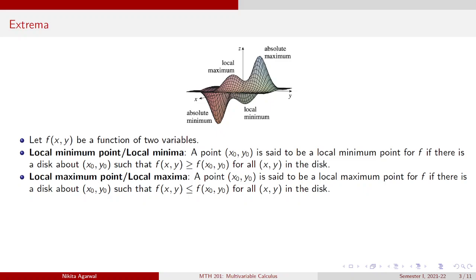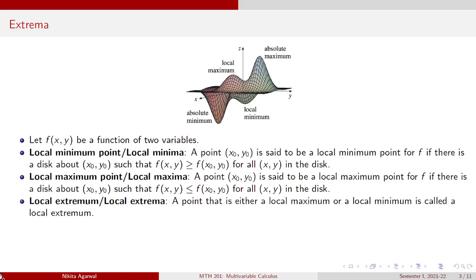Then you say it's a local maximum point. Now, we can club these two notions and we have a concept of local extremum. So a point that is either a local maximum or a local minimum is called a local extremum. Okay, so that it encompasses these two notions.